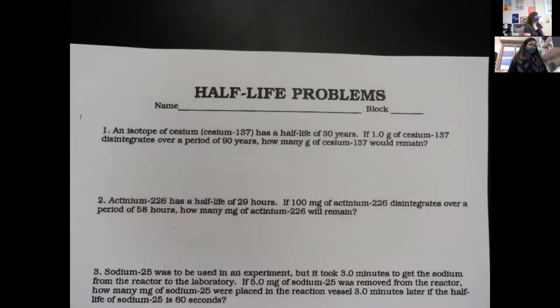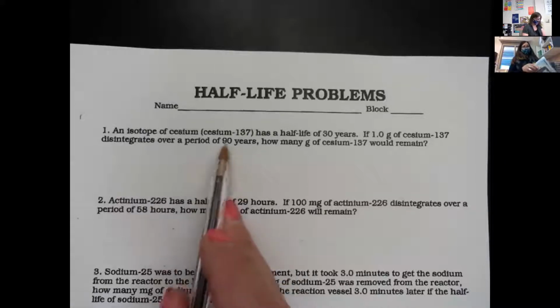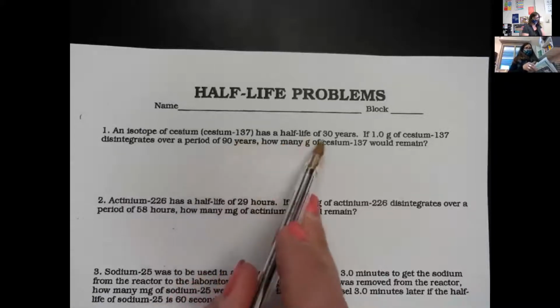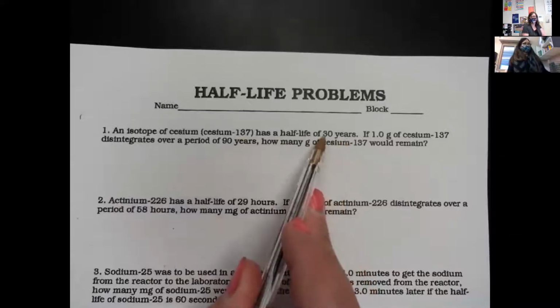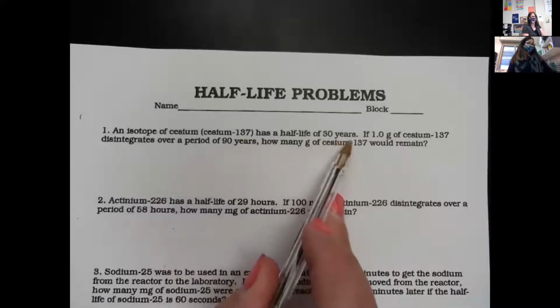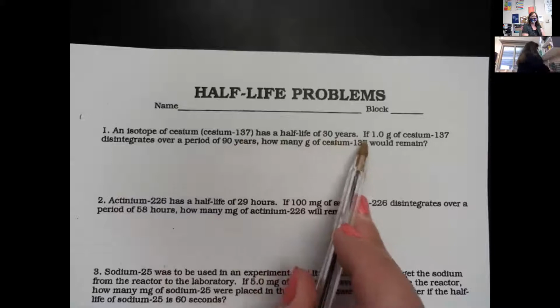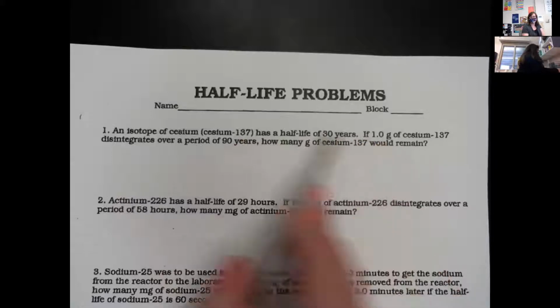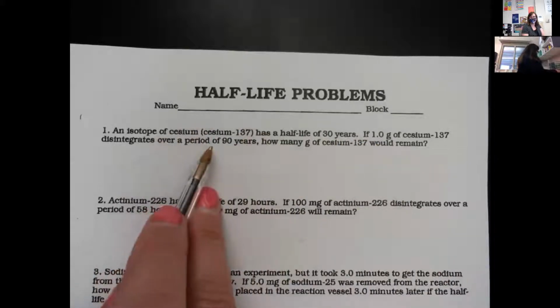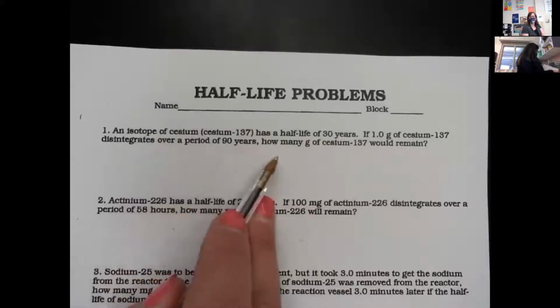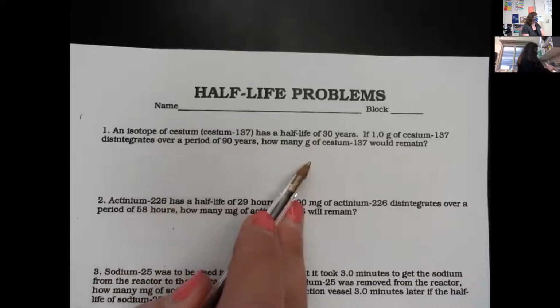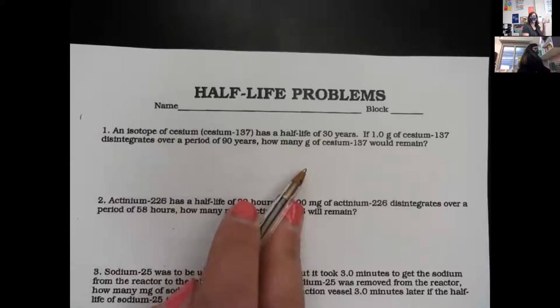So number 1 says, an isotope of cesium, specifically cesium-137, has a half-life of 30 years. That means every 30 years, about half of it disappears, right? If 1 gram of cesium-137 disintegrates over a period of 90 years, how many grams of cesium-137 would we have left? Here's my trick, because every question's a little bit different.